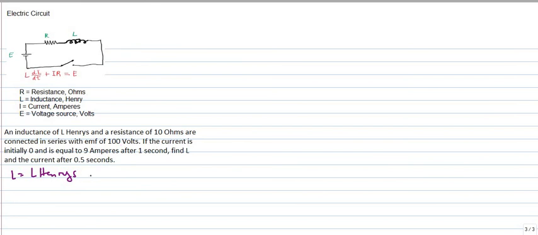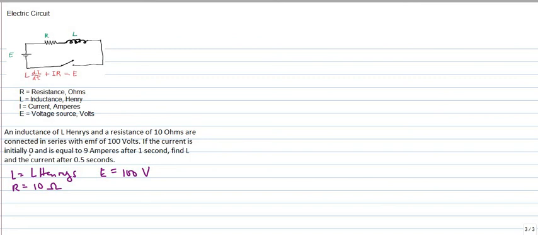The resistance R is equivalent to 10 ohms. They are connected in series with an EMF of 100 volts, our electromotive force, so that will be our E, which is equivalent to 100 volts.